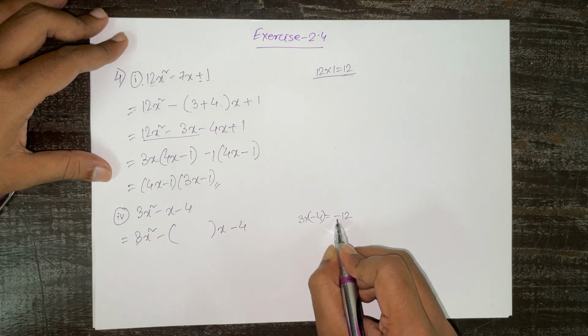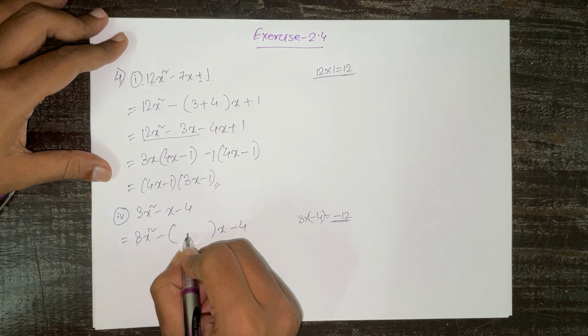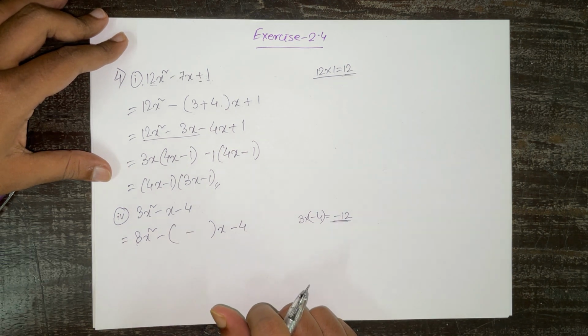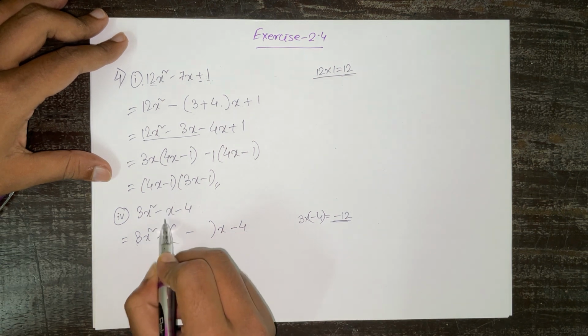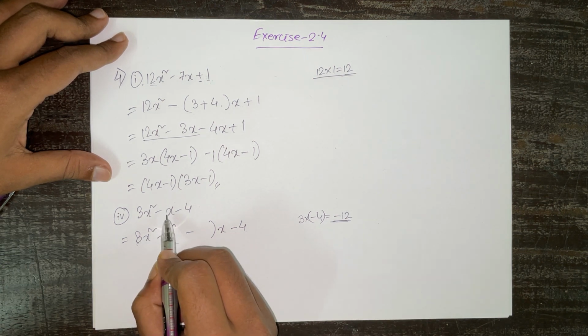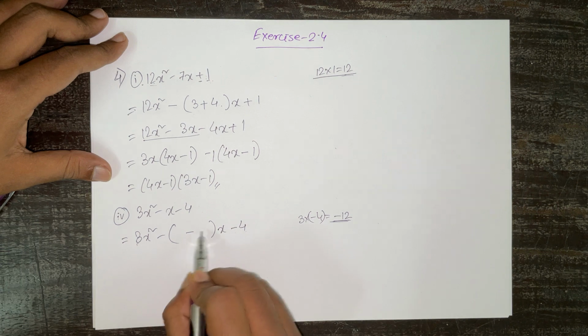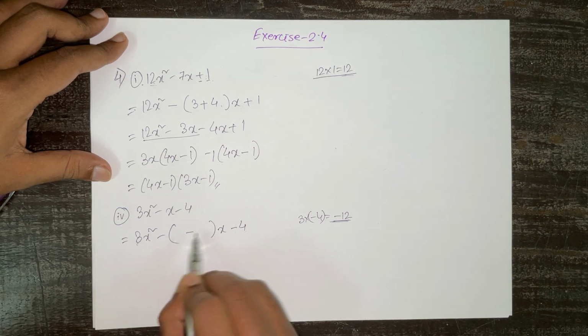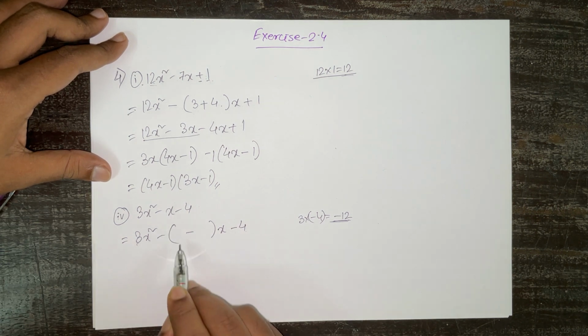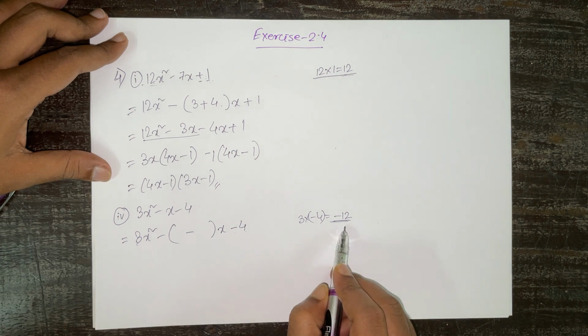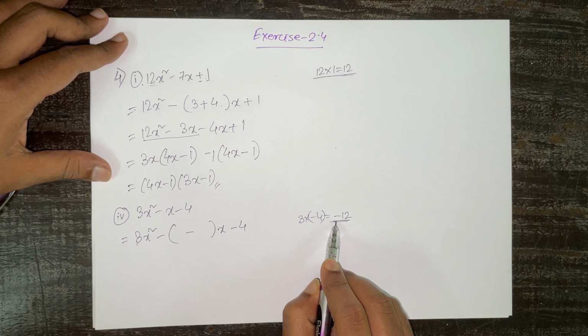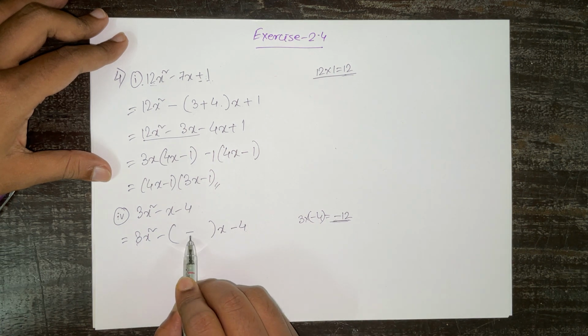So as we have got a negative answer here, that's why we must subtract two numbers such that, what is the value here? It is nothing but 1. So we must subtract two numbers such that their subtraction gives us 1 and their product gives us 12. As we have got negative here, we must subtract two numbers.